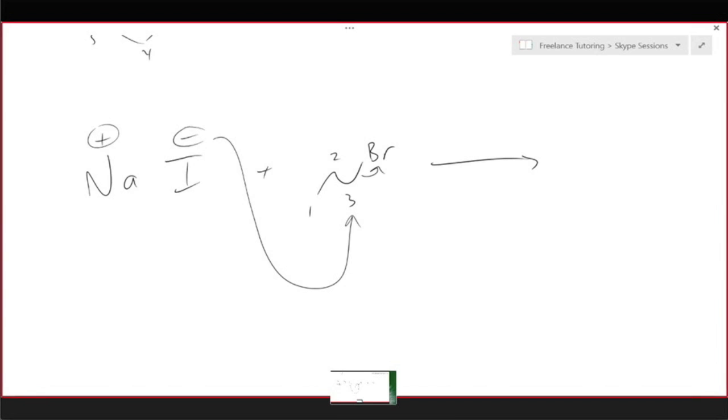So what roles are the atoms playing? The iodine is the nucleophile because it has a lone pair of electrons, a negative charge. And carbon-3 would be the electrophile.